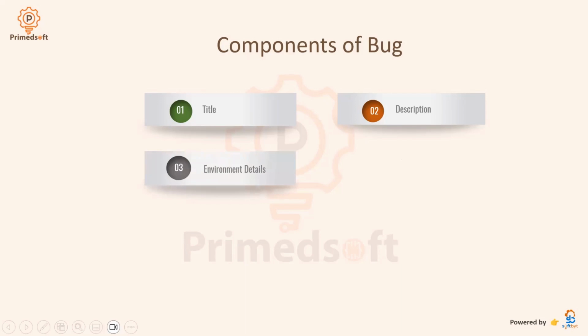Environment details. You need to give information about the environment in which the bug was observed. Because sometimes you might be testing a particular functionality on a Chrome browser and you are seeing something is not functioning properly, but when you test it on Firefox, it's functioning.